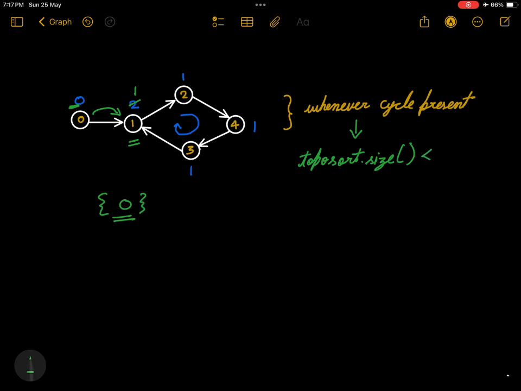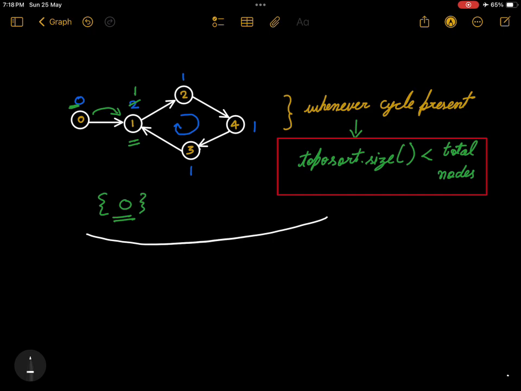Okay, and this is what is cycle detection in directed graph, right? If you observe carefully, we have detected a cycle in a directed graph using BFS, and this is one of our problems which we left earlier, right?